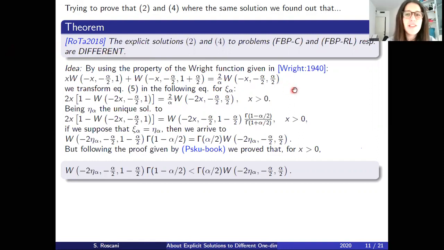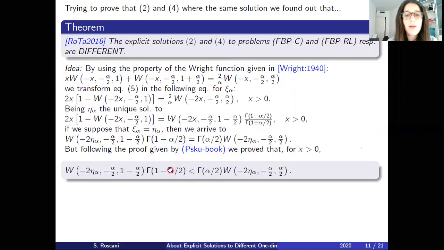That wasn't easy at all, and we had to study many properties of Wright functions, especially when the second parameter is negative. That is difficult. And thanks again to Professor Mainardi's book and the ideas given in his book, we could prove that always the one function is smaller than the other Wright function, but look, if we take alpha equals 1 over 2, they are the same.